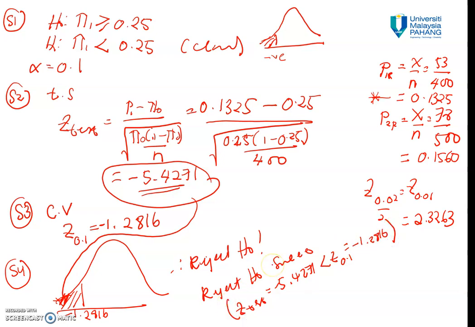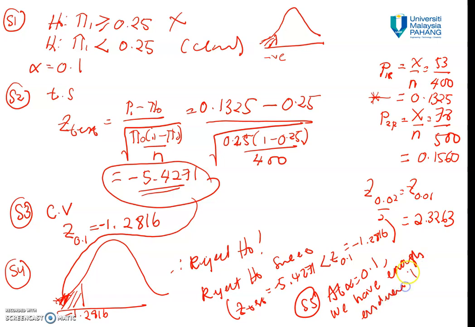So reject H0. Okay, and so next, step number 5, conclusion. At alpha 0.1, you reject H0, isn't it? So at alpha 0.1, we can conclude that we have enough evidence to support the claim.